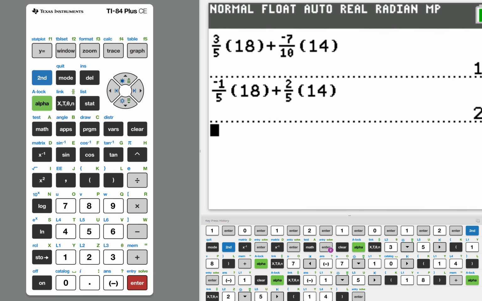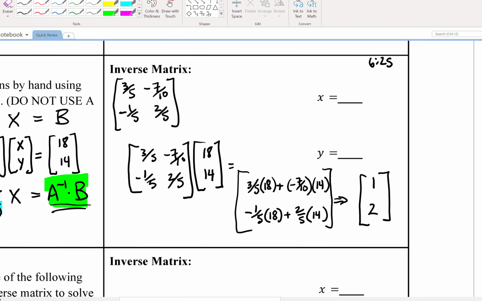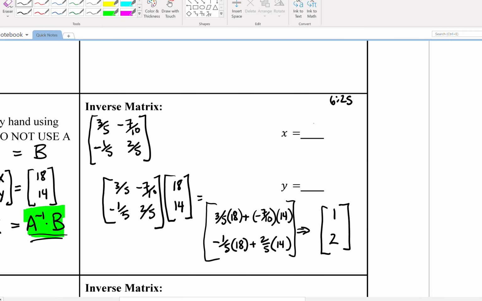And that gives me 2. And so my answer here: x is 1 and y is 2.